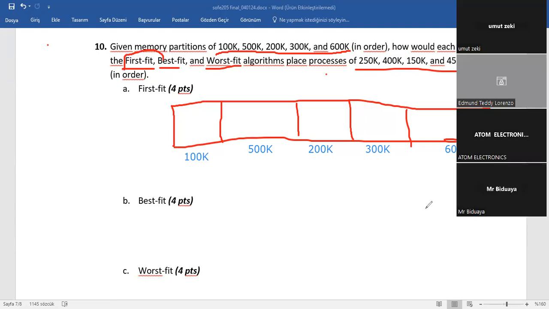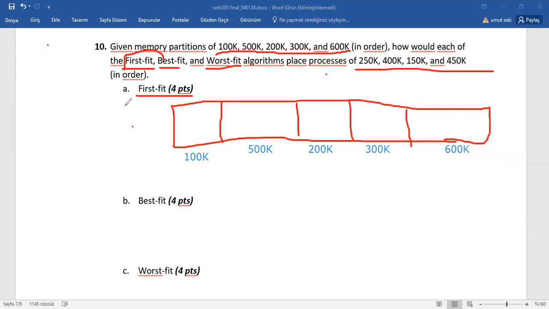In first fit, what we are doing, we will find the first available space that our process can fit.